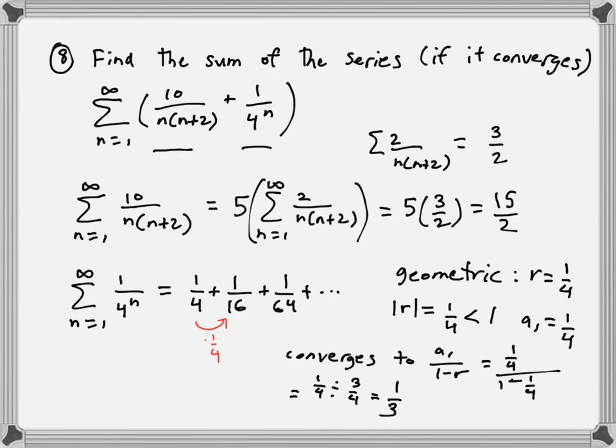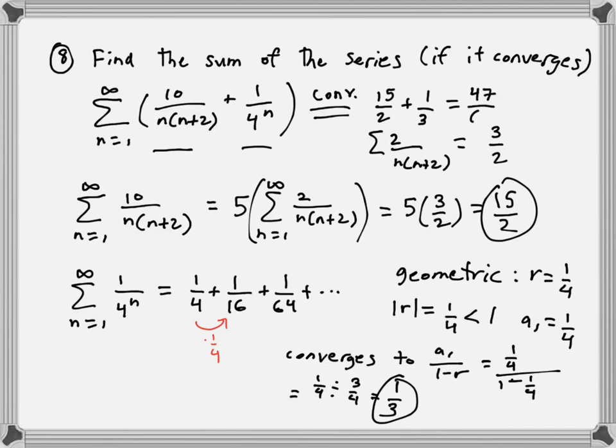So if we take this result and we take this result, this means that this guy converges to 15/2 plus 1/3, which is 47/6.